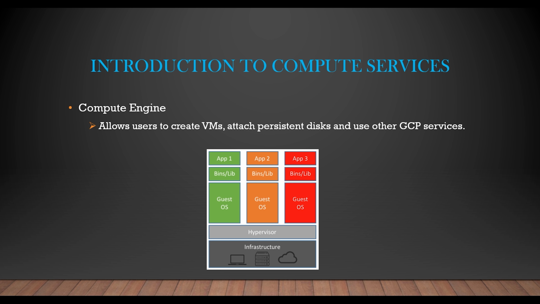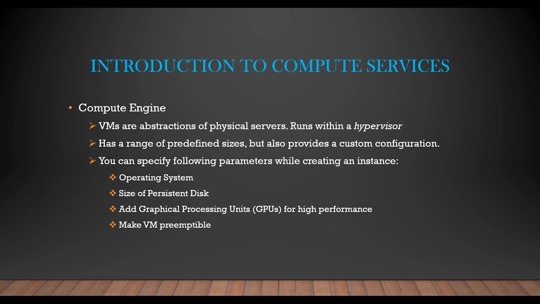Hypervisors run on an operating system like Linux or Windows, and can run multiple operating systems, also known as guest OS. Each instance of an executing guest OS is a VM instance. Virtual machines come in a variety of sizes, but you can also create customized configurations.